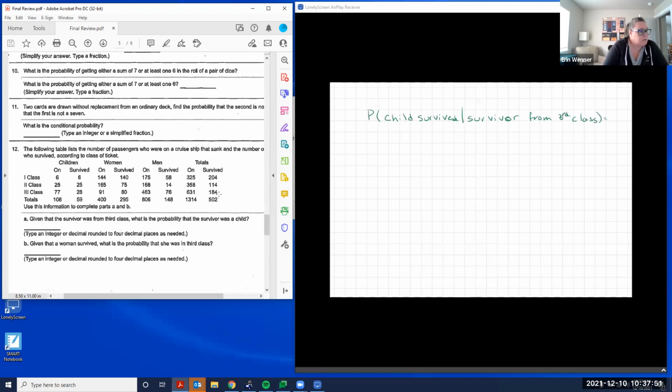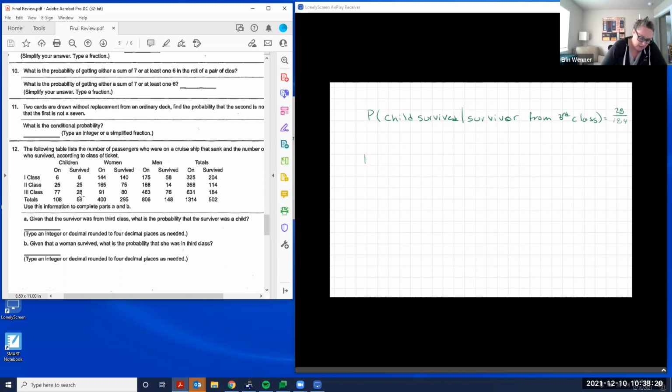So the total number of survivors for third class was 184, and probably that was a child that was one of those survivors. We would go back here and look at child for third class is 28. So we would have 28 out of 184 for that. So again, the given part is what establishes our population that we're dealing with, and then we apply the next conditional statement to that.